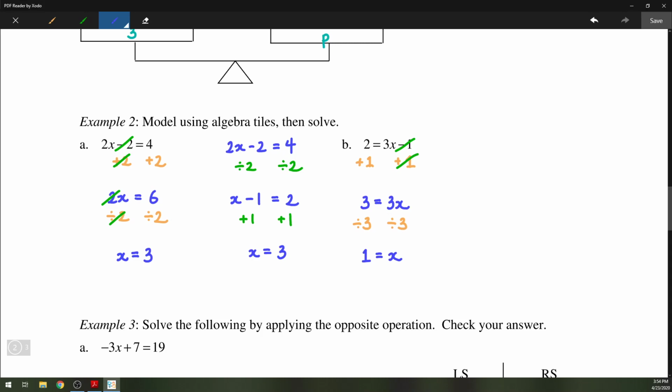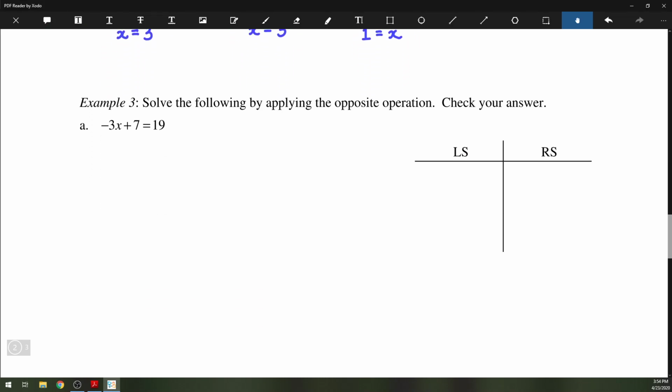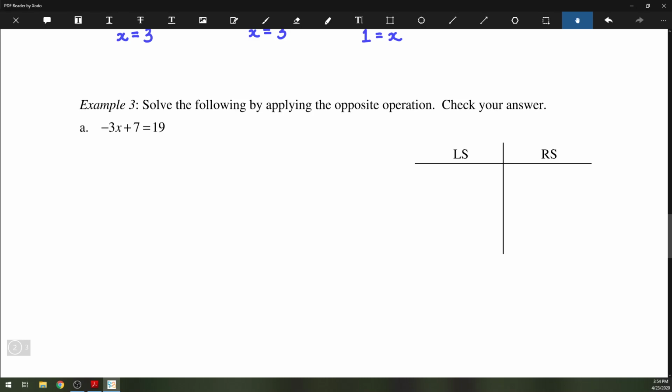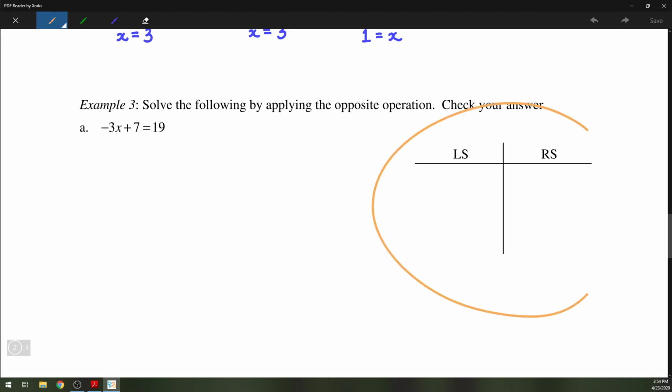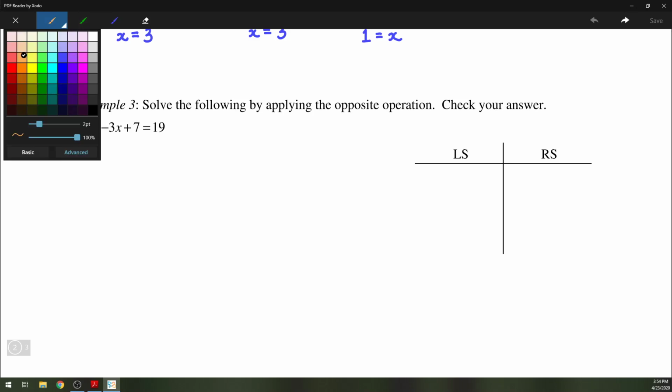Okay, so I'll show you a few more examples here with more negative numbers, and to introduce the idea of checking your answers using this left-hand side, right-hand side grid. So I'm going to go ahead and do the question first. Again, we're going to use inverse operations here.